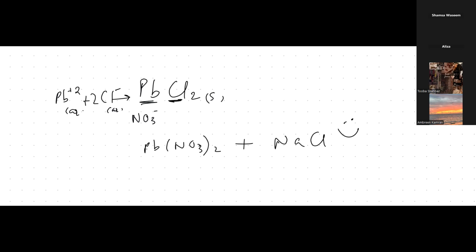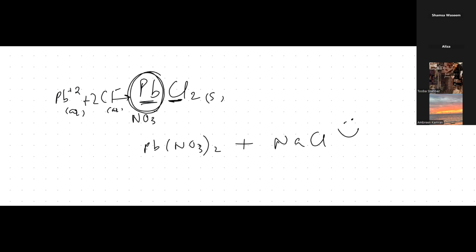Miss, I have a question. Yes, say, Aliza. So here we're putting it in the nitrate and sodium, and in the question before we did it differently. How do we know where to apply what? See, we have to make an insoluble salt, Aliza. Whichever is the insoluble salt, the first part of the salt is the cation, okay?